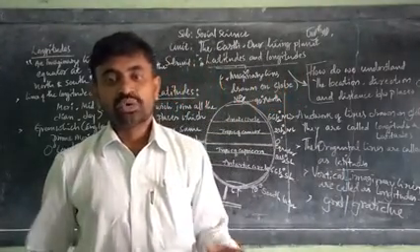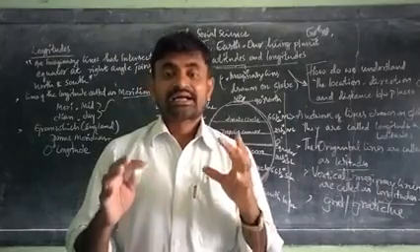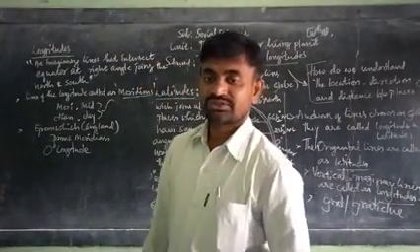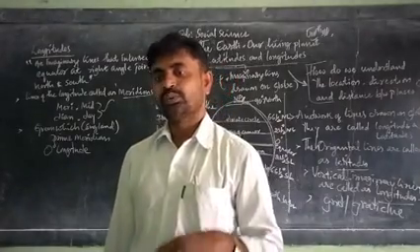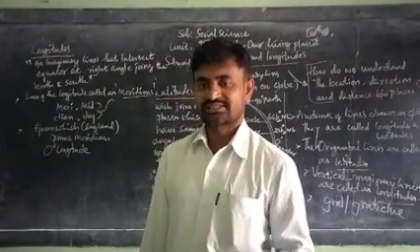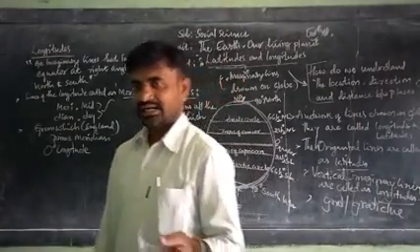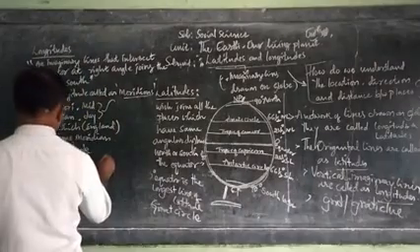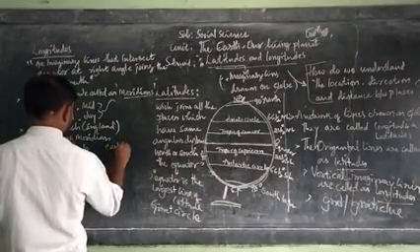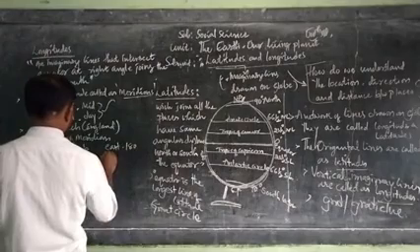There are 180 longitudes to the east of Greenwich and 180 to the west. It means east 180 and west 180. East, 180 longitudes are there.